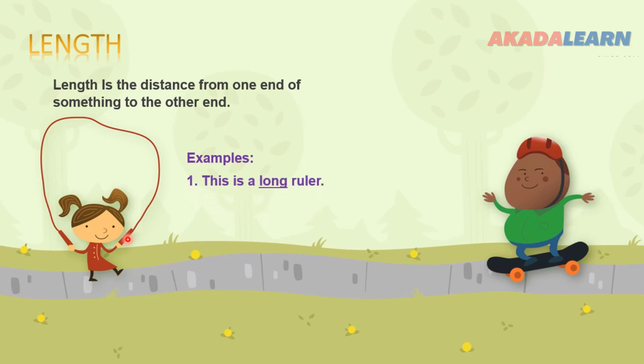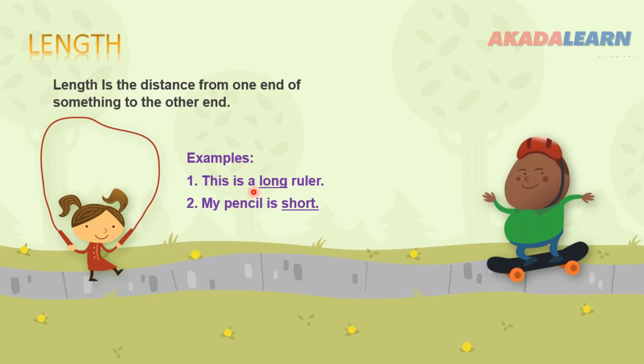The first one is long, which we've already used. For example, in this sentence here, we're saying this is a long ruler. By saying this is a long ruler, we have described the length of the ruler. Let me give you another example. Sentence number 2.